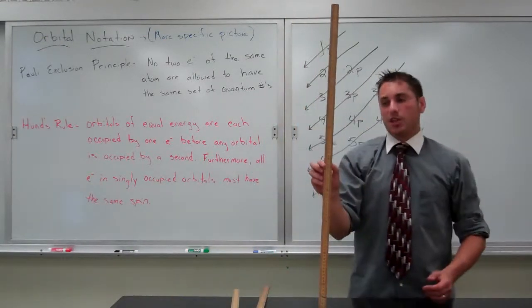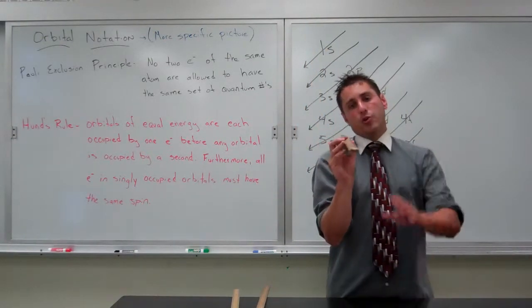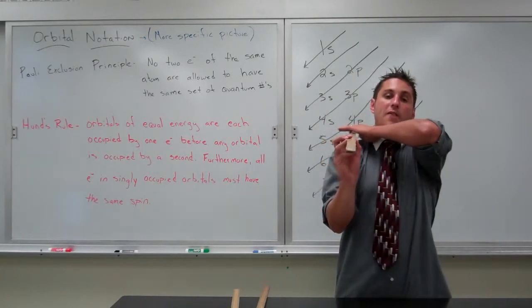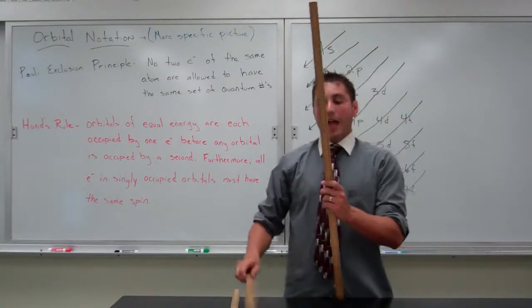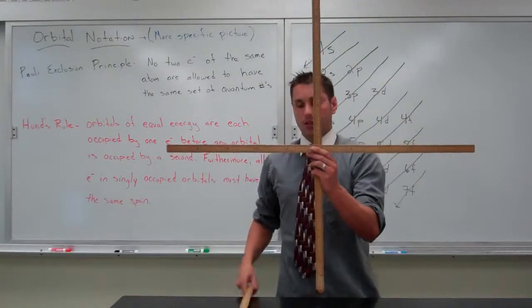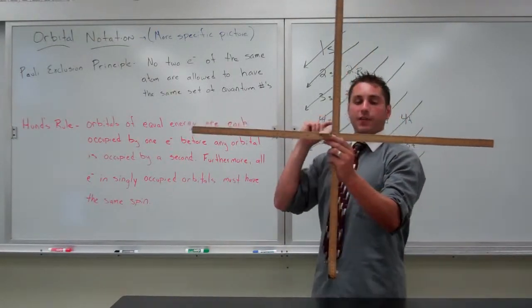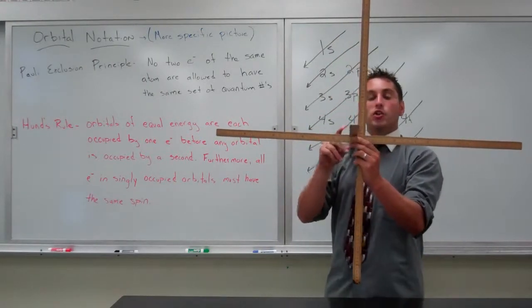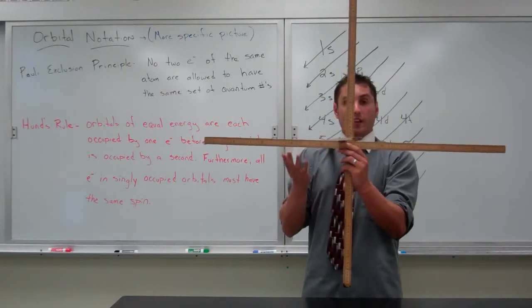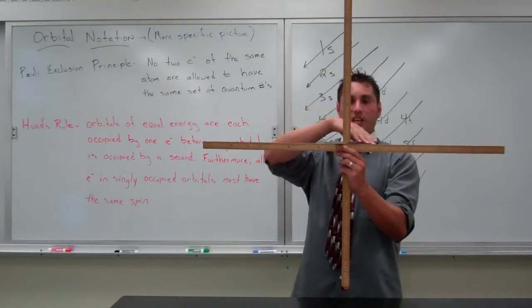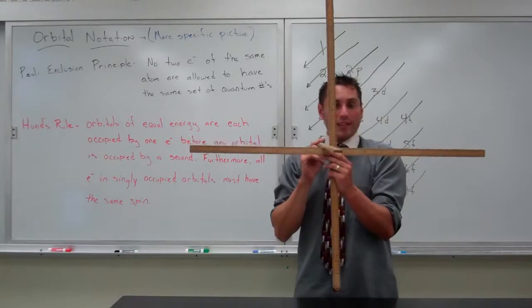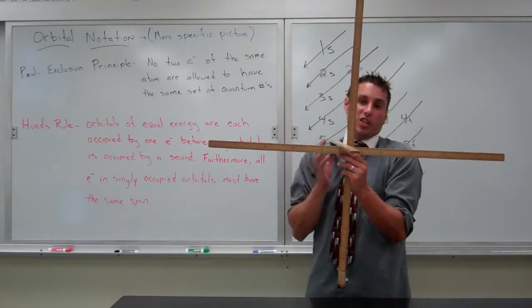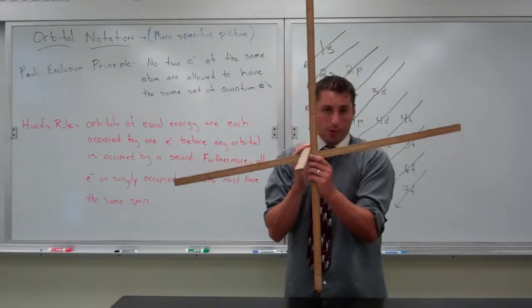Last but not least, if we face it out at you, pointing toward you and pointing away from you, they refer to it as the pz. So a p orbital actually has three different orientations. So we want to know, are the electrons that are in there in the z, the y, or the x orientation of the orbital, not just the simple 2p orbital.